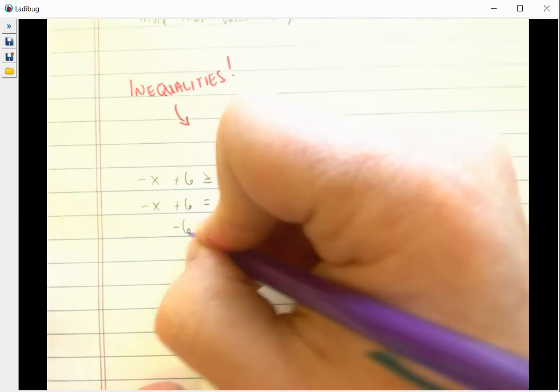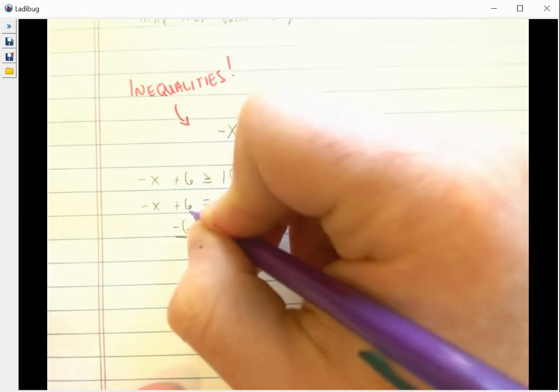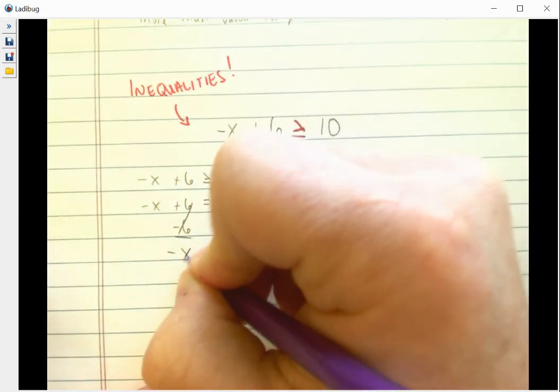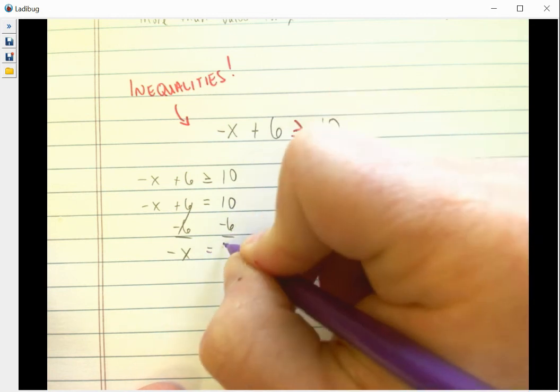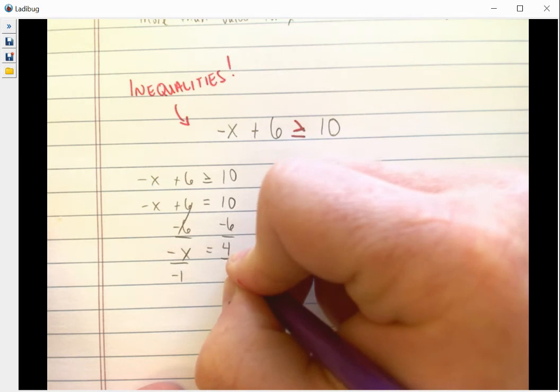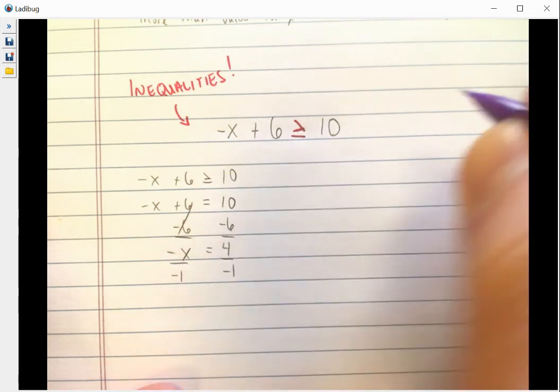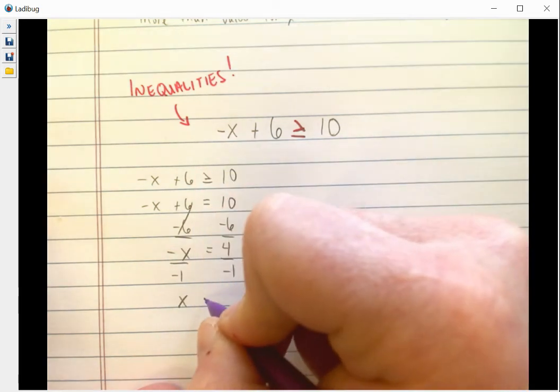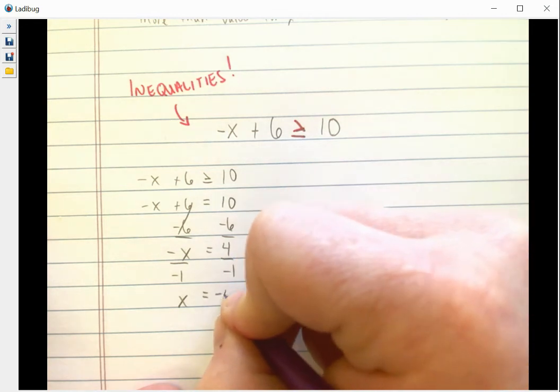I'm going to subtract 6 from both sides. You're left with negative x is equal to 10 minus 6, which is 4. I can divide by negative 1 to remove that negative sign. So I'm left with x is equal to negative 4.